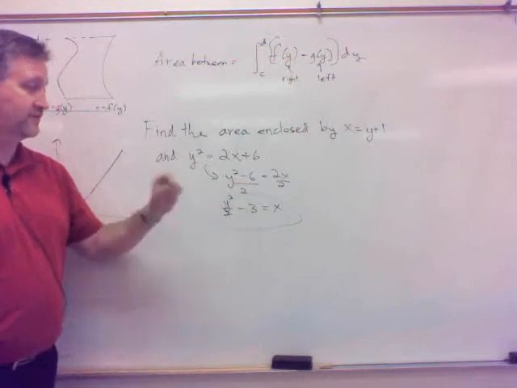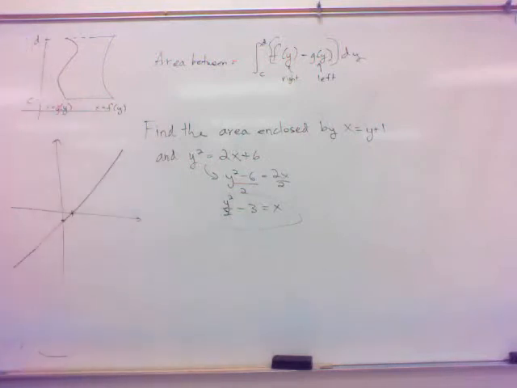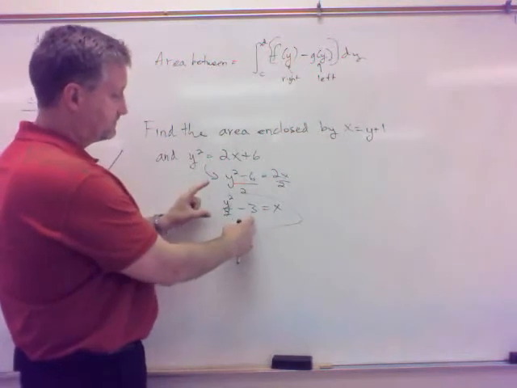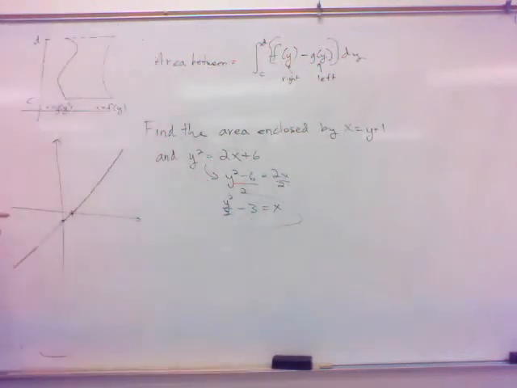X equals y squared over 2 minus 3. That's a sideways parabola. It's shifted -3, so it's shifted back 3, and it's a little bit wider, so something like this. These are a little more complicated, of course, to graph, but it's the x squared over 2 minus 3 graph turned sideways.